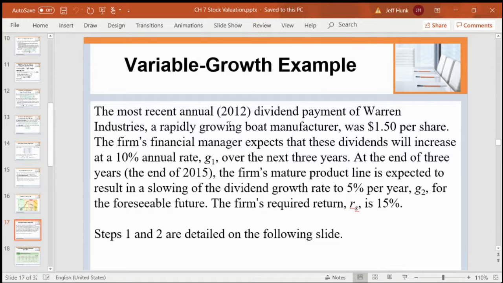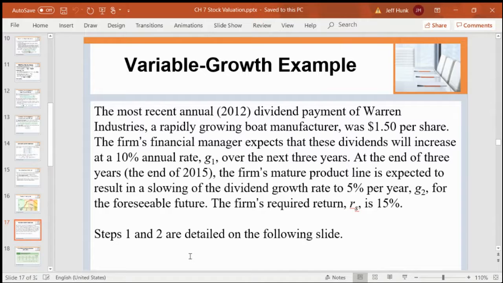Of course, dividends are quarterly, but we're assuming the dividend is annual in this example. You cannot receive the 2012 dividend during 2012. It goes without saying, 2012 has to end to receive the dividend. So that means we're already past that point.